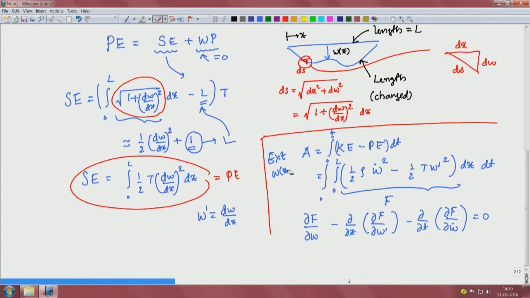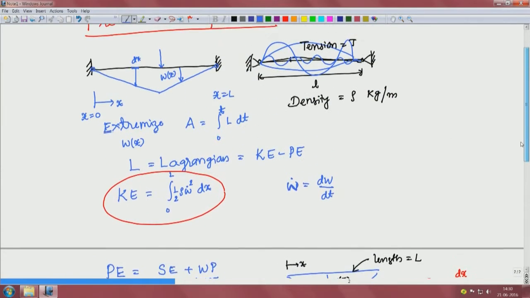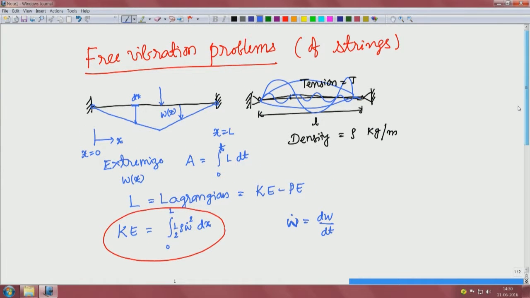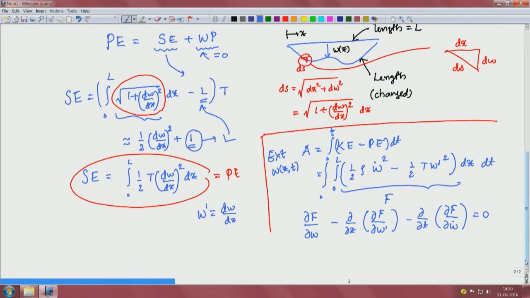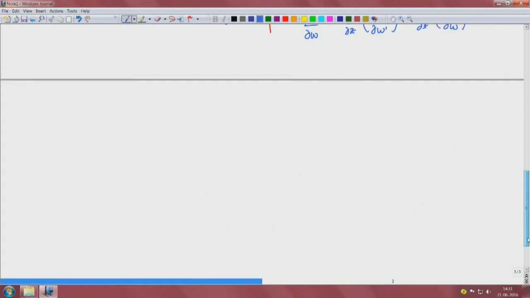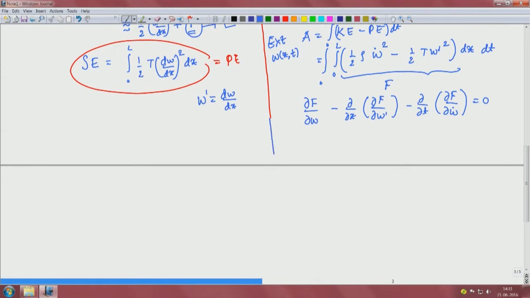That is what I mean, for vibration things are varying with time and space. So let us go back and change: if I wrote w of x here, this is x and t, a function of x and t, both are variables. That is the equation.